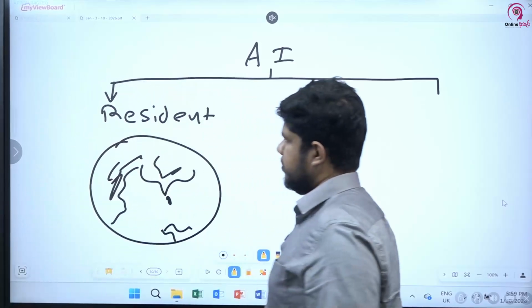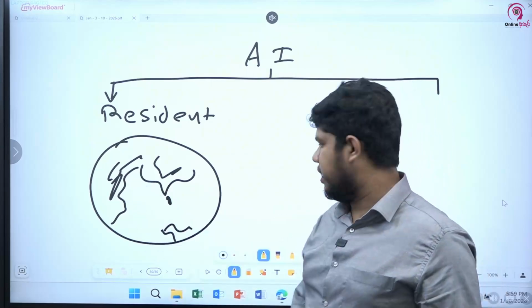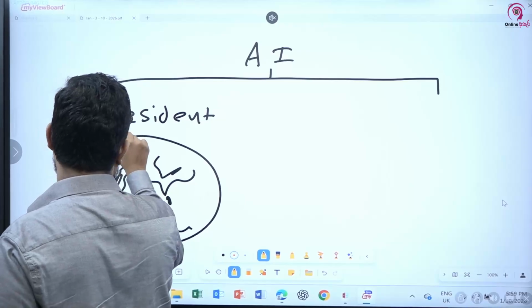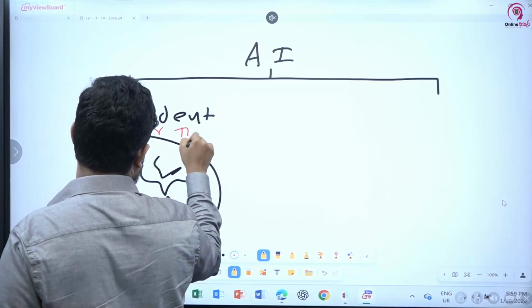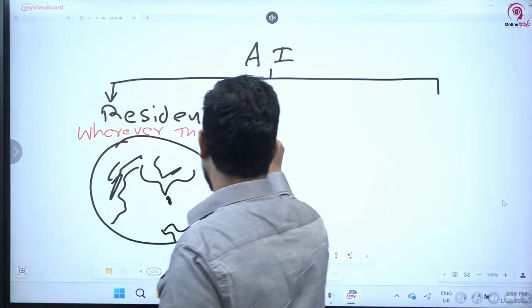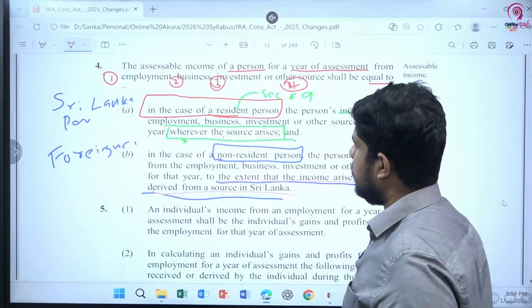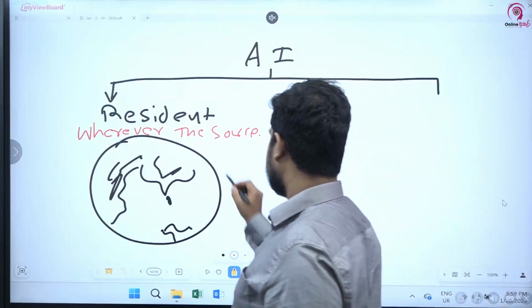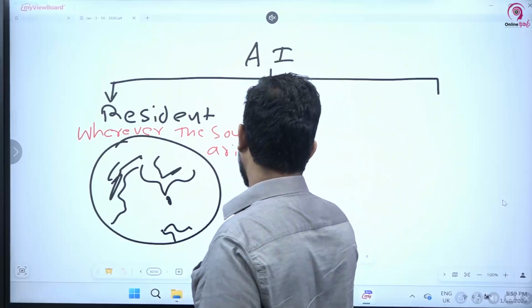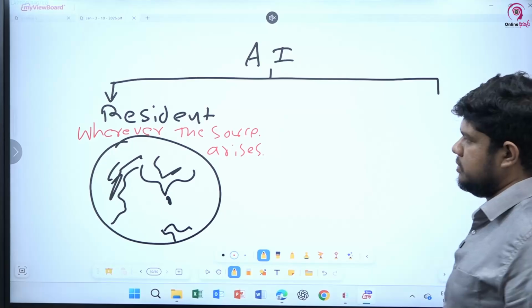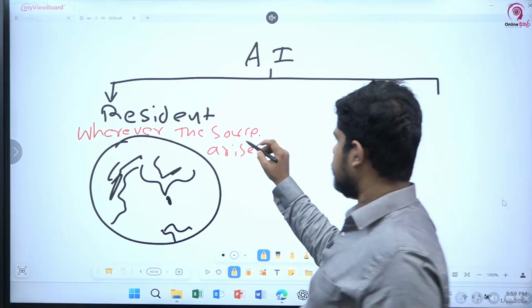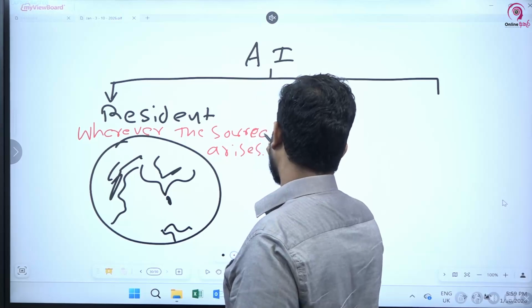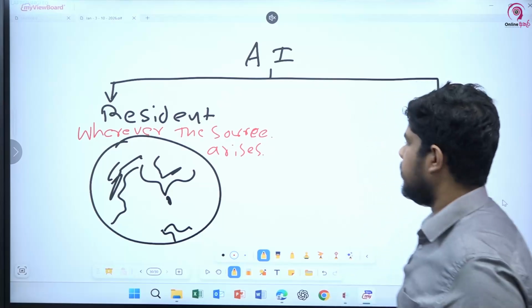So world income, for a resident person, wherever the source arises. Wherever the source arises.